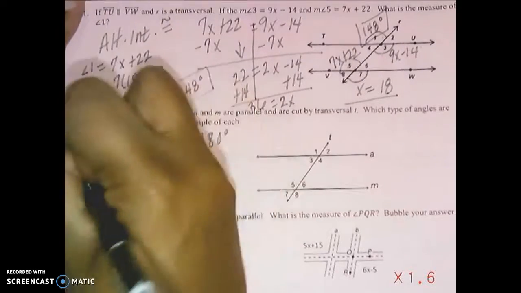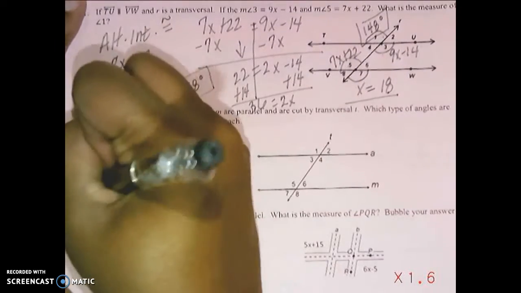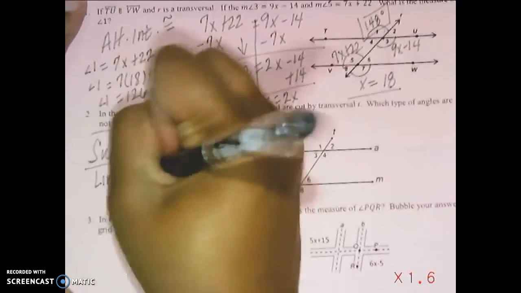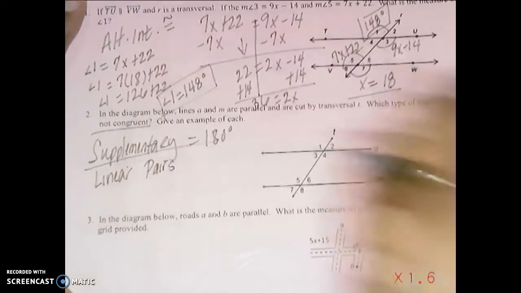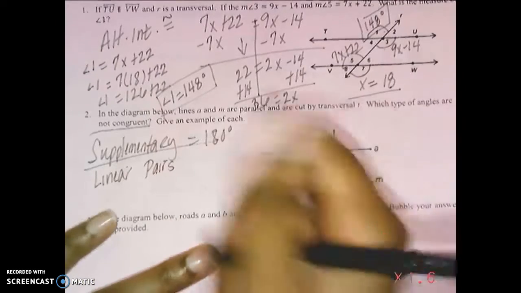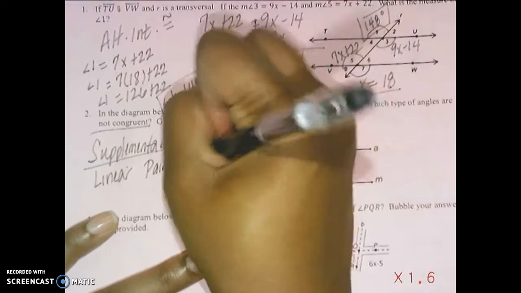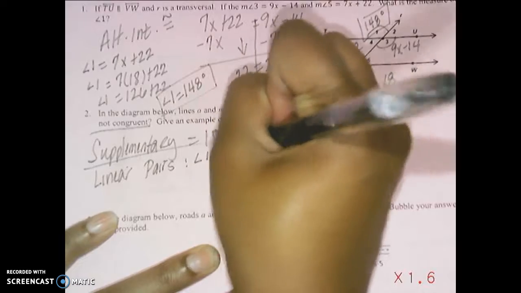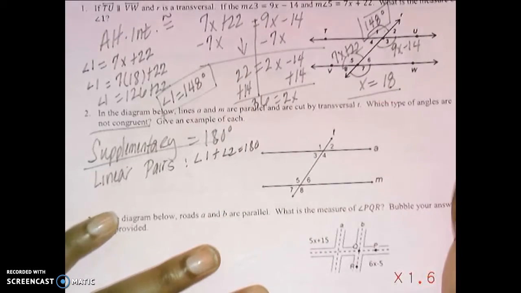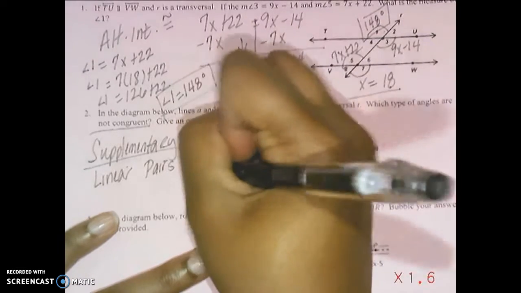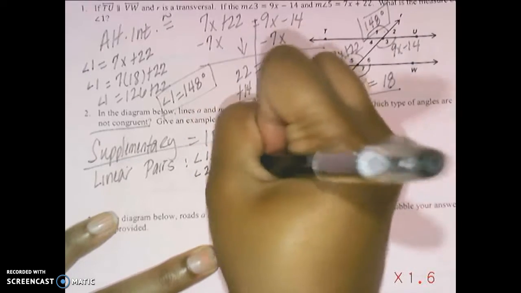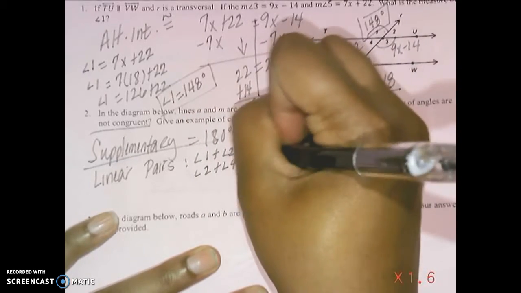So the angles should be the ones that are linear pairs, meaning 2 angles sitting on a line. So an example would be angle 1 and angle 2. They're sitting on a line, so those are supplementary. Angle 2 and angle 4 are on a line, so those are also supplementary.